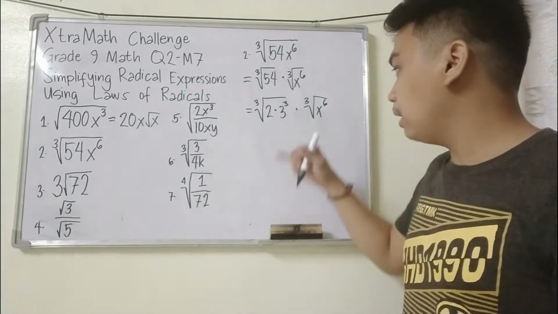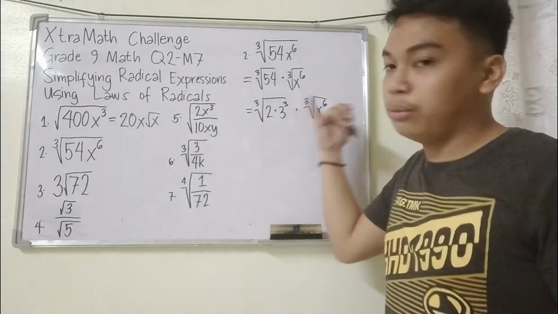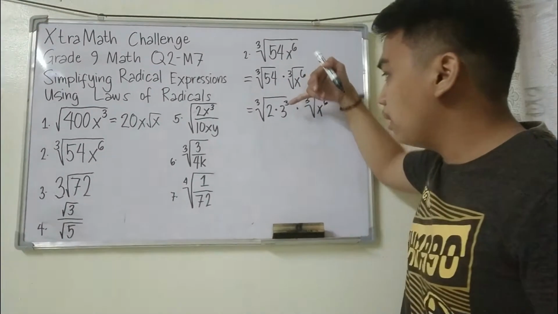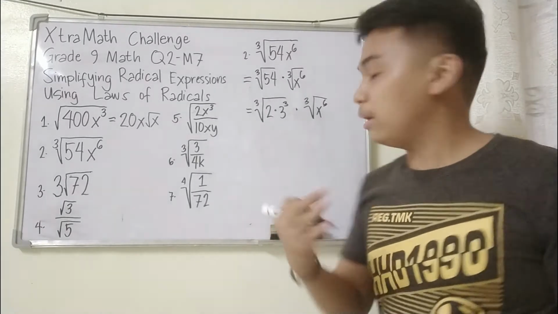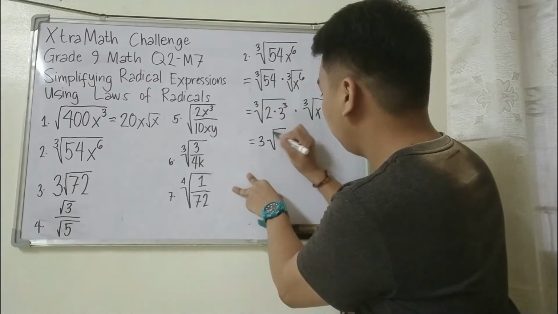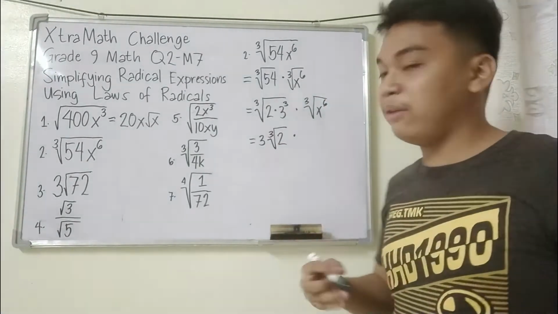And as we can see, we have here cube root, and the cube root of 3 cubed, or again, we have here an exponent of 3. So the cube root of 3 cubed is equal to 3. So we have here 3 cube root of 2. And yung cube root of 2, nakasimplify na yan.